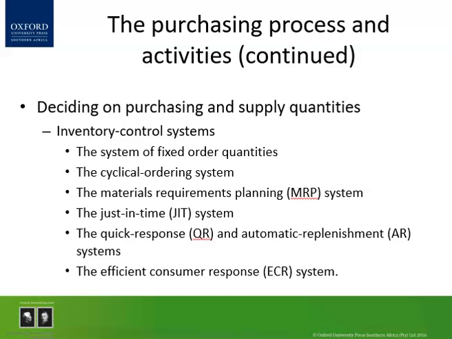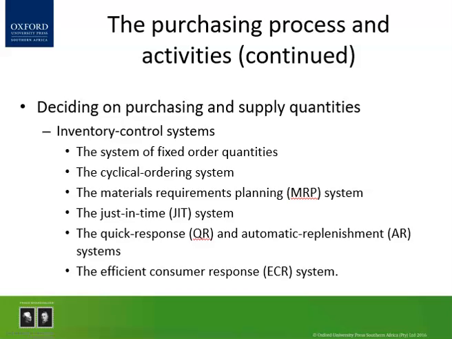Then there is also the quick response and automated replenishment systems. With this one, there is now use of automated systems to ensure that once inventory levels reach a certain level, the purchasing and supply unit is quickly informed.